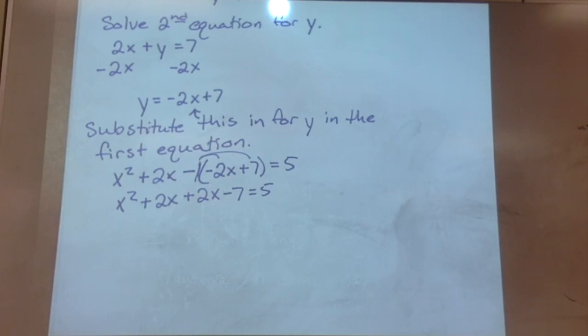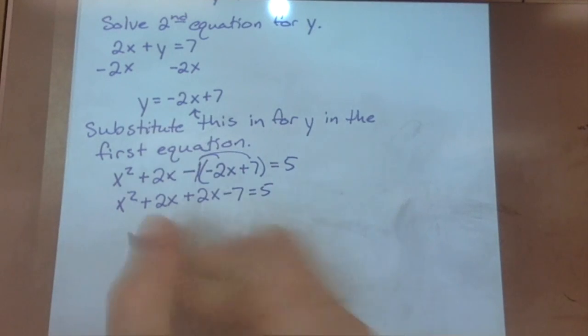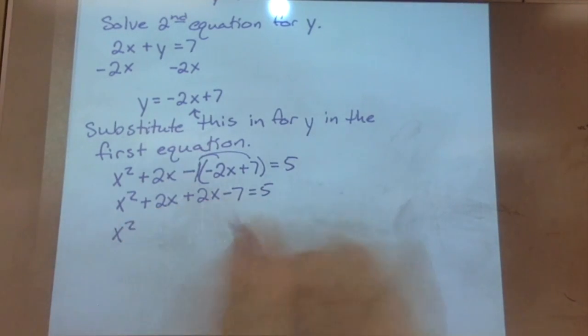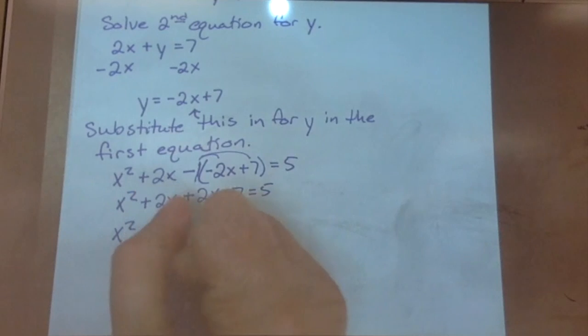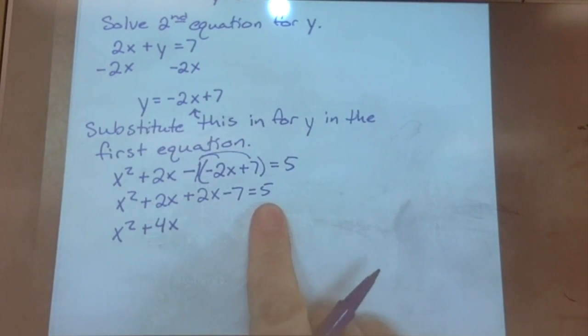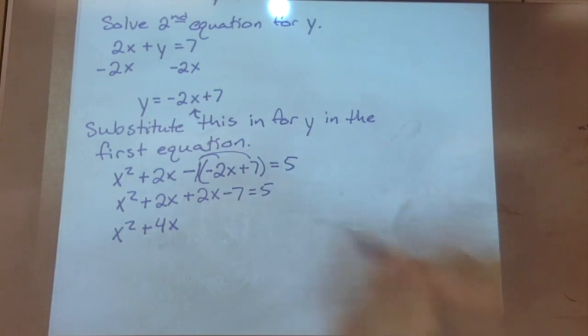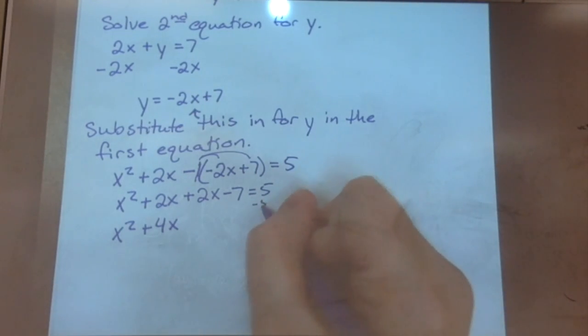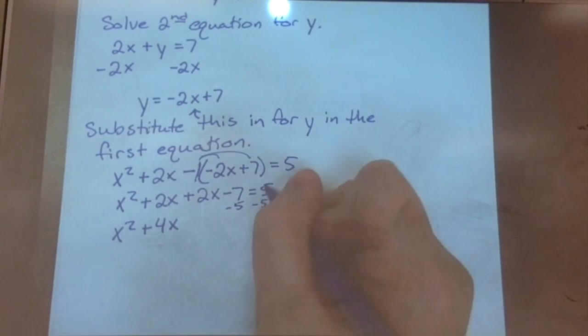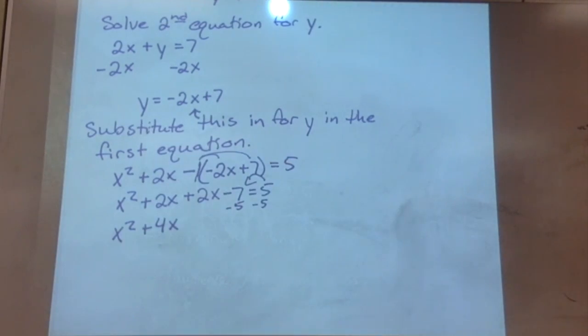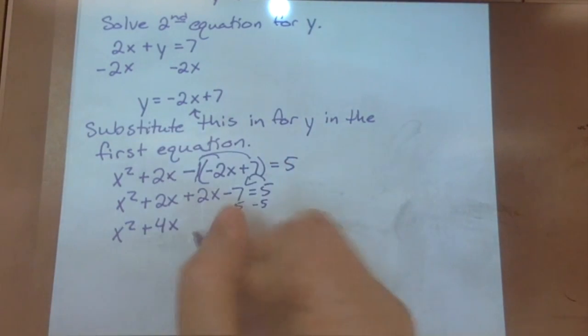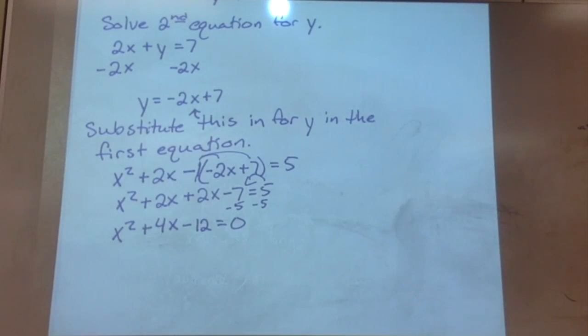So I can combine my like terms: x squared, and then 2x plus 2x is 4x, so plus 4x, and then I have a negative 7, and I've got this 5 over here. So I can subtract 5 from both sides and move it over with the rest of the numbers. So negative 7 minus 5 is negative 12, equals 0.